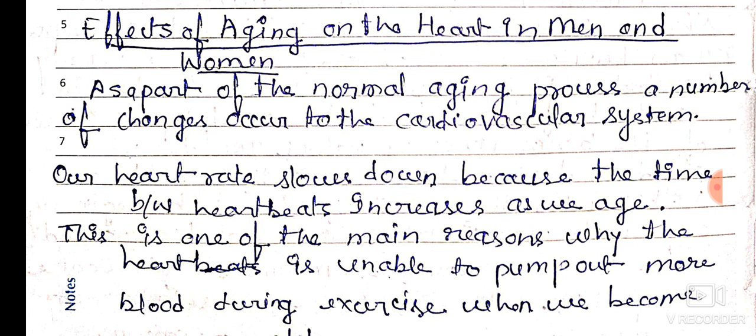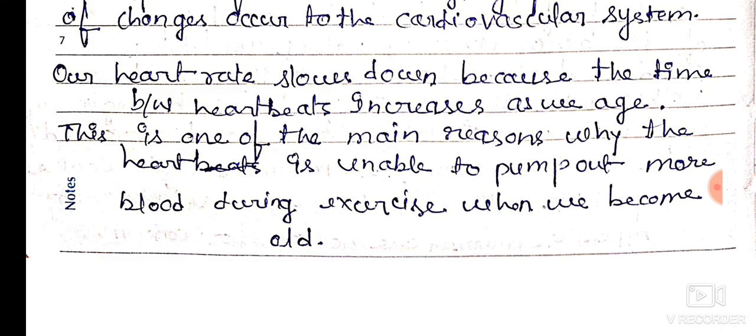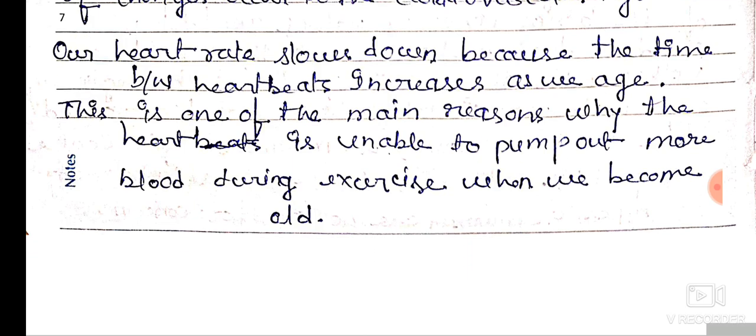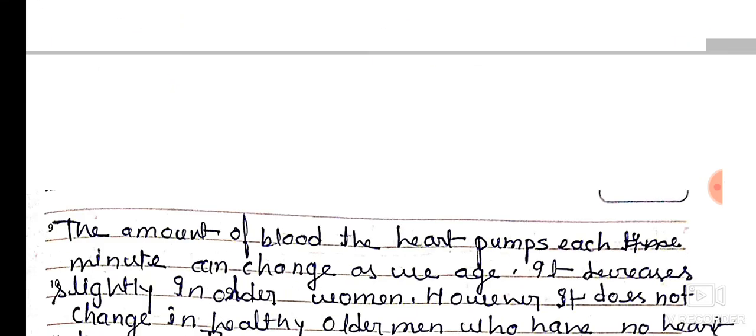Effect of aging on the heart in men and women. As a part of the normal aging process, a number of changes occur to the cardiovascular system. Our heart rate slows down because the time between the heartbeats increases as we age. This is one of the main reasons why the heart is unable to pump out more blood during exercise when we become old.